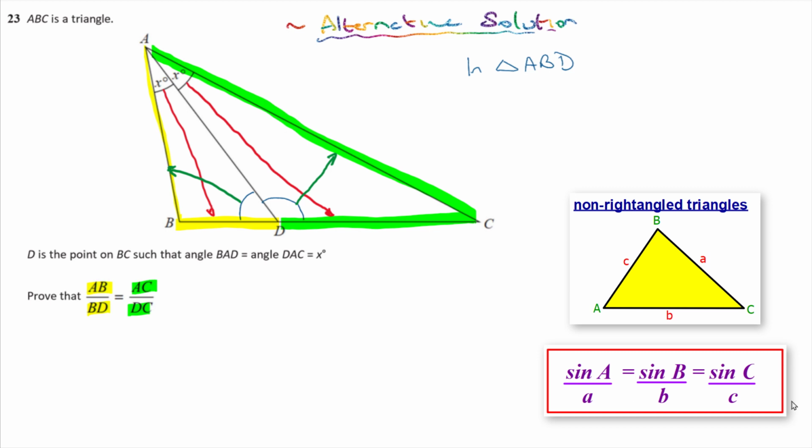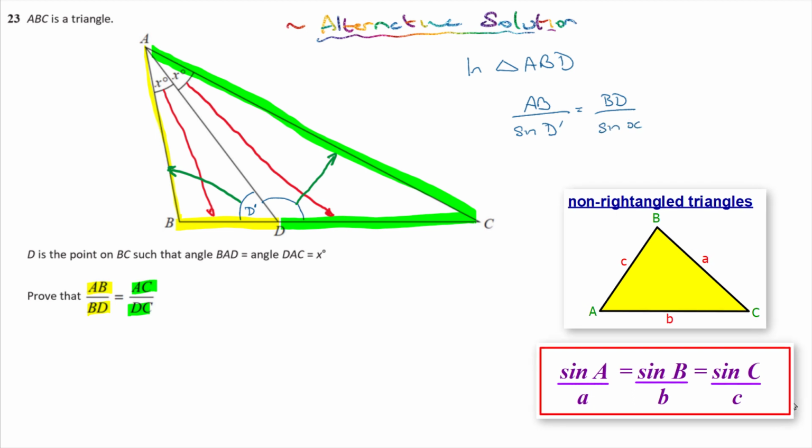Okay, so side AB over the angle, what's the angle? This one here, isn't it? I'm going to call it D dash. Okay, so AB over the sine of D dash is equal to the other side, BD over the sine of X.